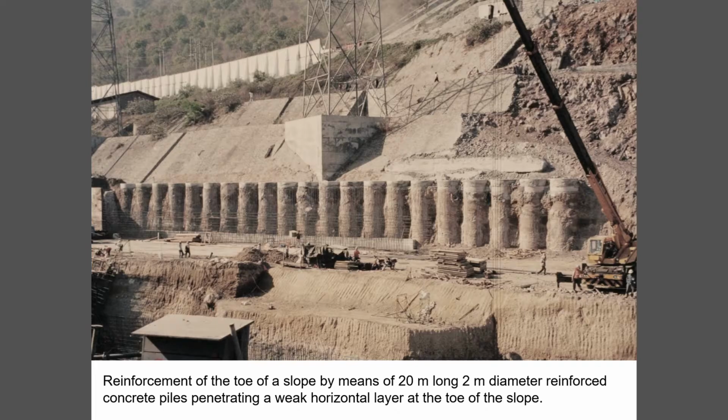And so in order to counter that, the design was to place 20-meter long, 2-meter diameter reinforced concrete piles, which go right through the weak zone at the bottom of the slope. Obviously, a very expensive solution, very time-consuming to construct, but necessary because of the high risk; probability and consequence are both high in this situation.